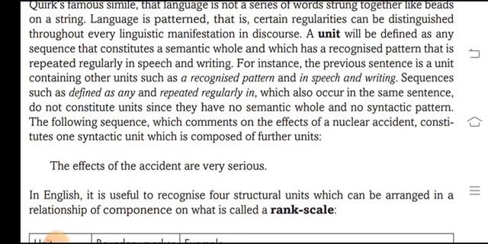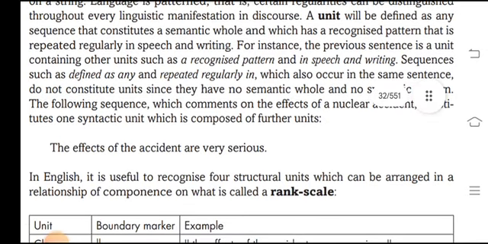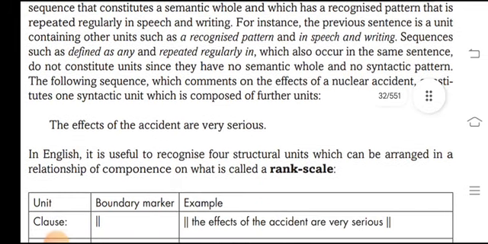Sequences such as the defined as any and the repeated regularly, which also occur in the same sentence, do not constitute a unit since they have no semantic whole and no semantic pattern.